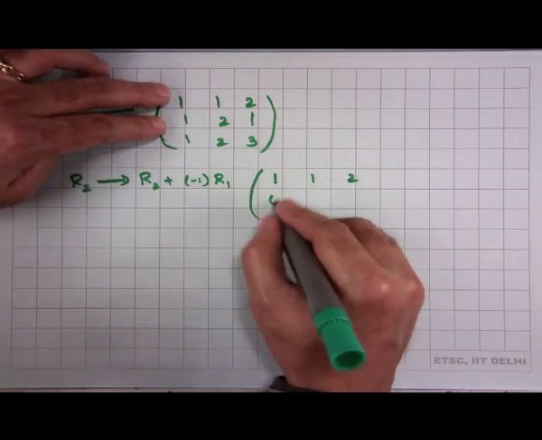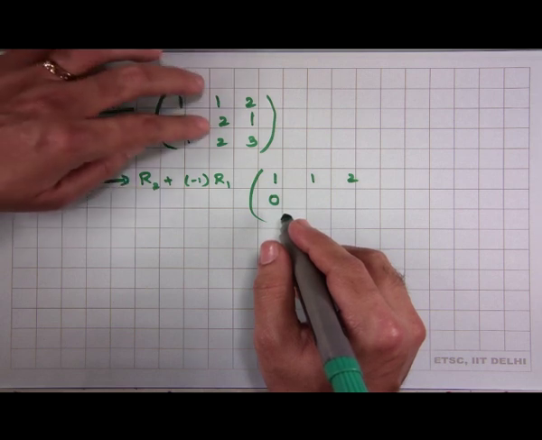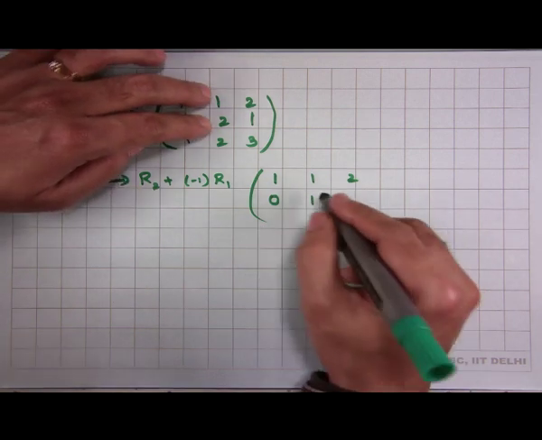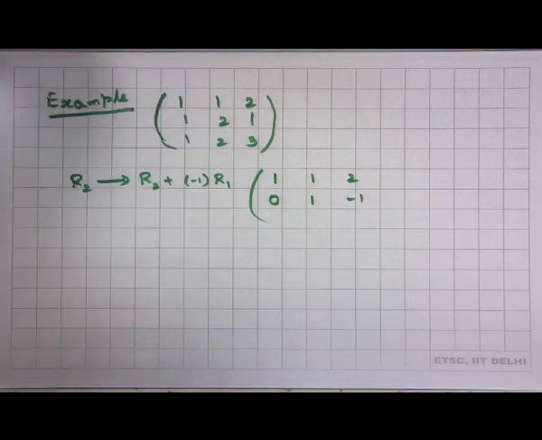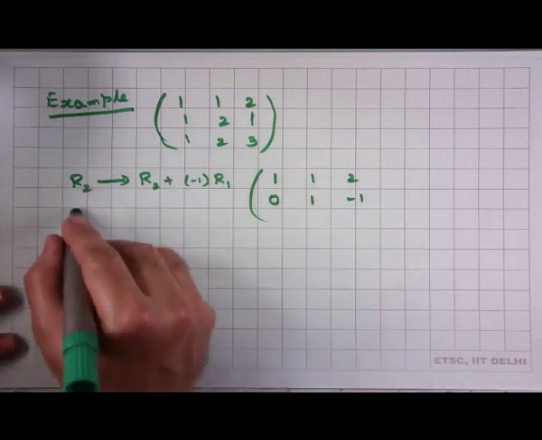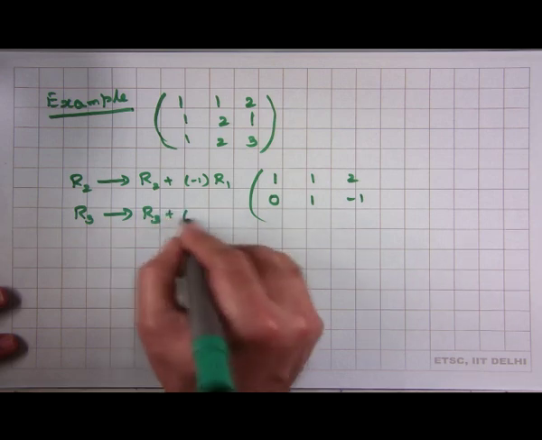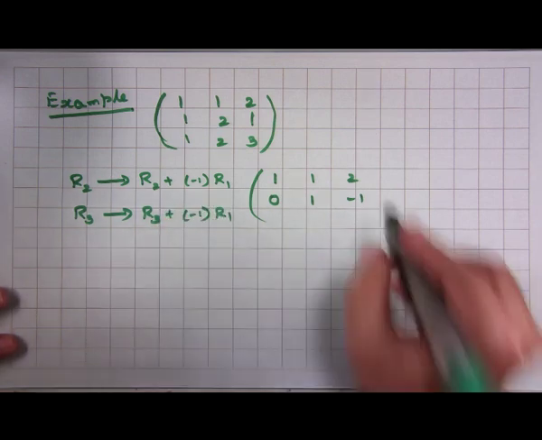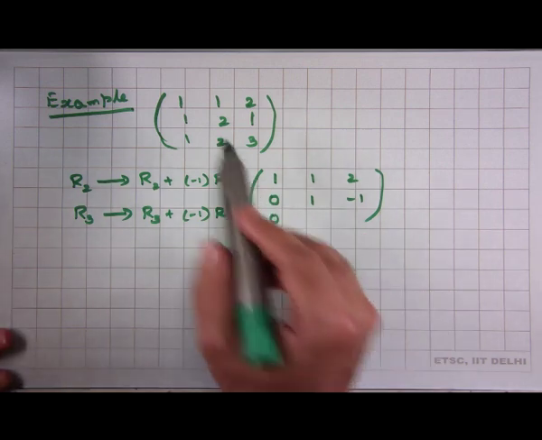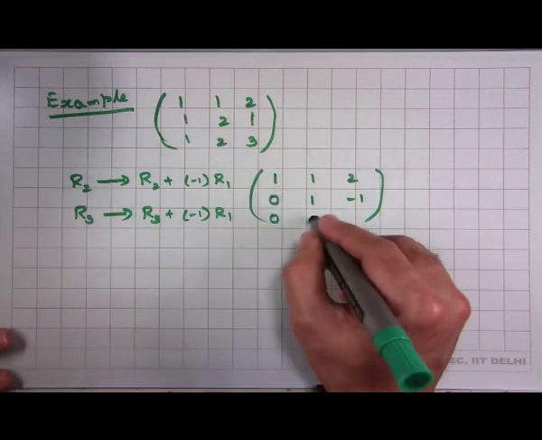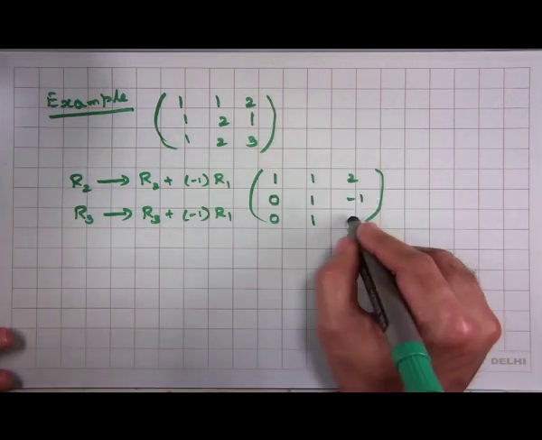So, you will have 0 here, R2 which is 2 plus minus 1 which is 1, 1 plus minus 2 which is minus 1, and then the last one, again you replace R3 by R3 plus minus 1 times R1, you will have 0. So, again you will have 1. So, you will have 3 minus 2 which is 1.